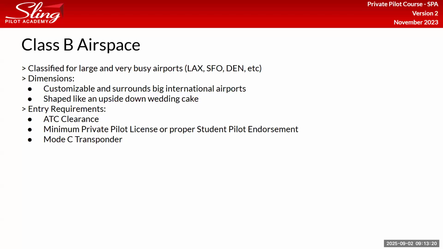Mode C transponder is a little more ancient than ADS-B out. Mode C transponder is radar based and it gives ATC your location and your tail number. But ADS-B out gives more specific information like your exact altitude, it gives your speed, et cetera, et cetera. And so you need now in Class Alpha, Bravo, and Charlie, a Mode C transponder and ADS-B out.